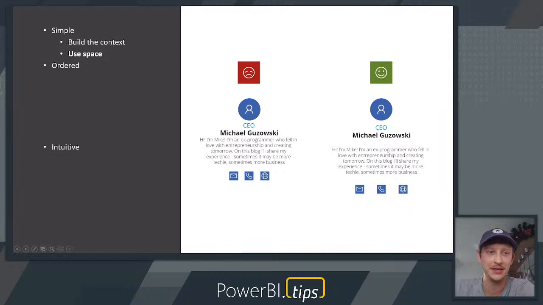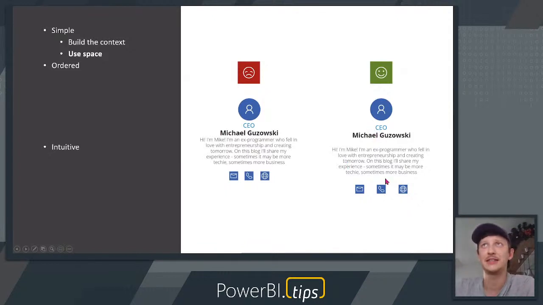Next example is also, I think, very common. As IT developers, as technical people and engineers, we tend to just group all important information together, and we don't really make the effort to think about whether it will be pleasant for the user to read.